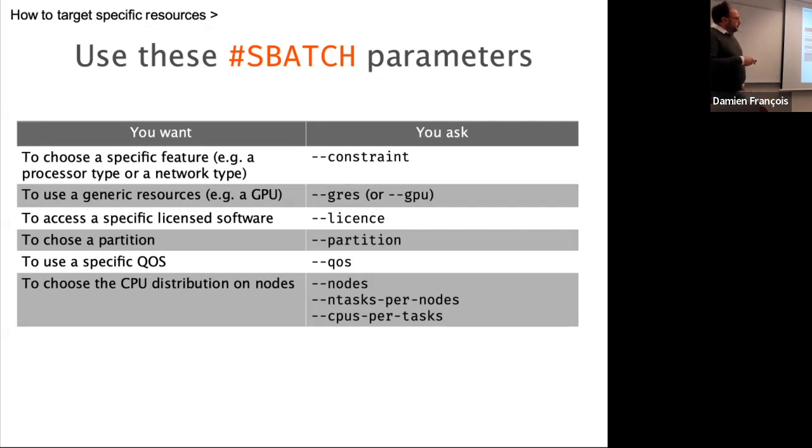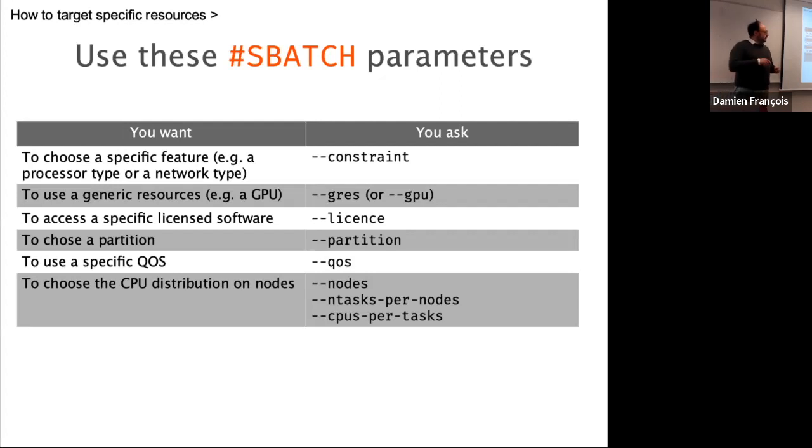If you need a GPU, or any other generic resources, but mostly on the CÉCI cluster the generic resources will be GPUs, you use --gres or --gpus, and this will tell Slurm that your job needs a GPU to start. And if you are on a cluster that has no GPU, your job will never start, or it will be rejected by Slurm at submit time.